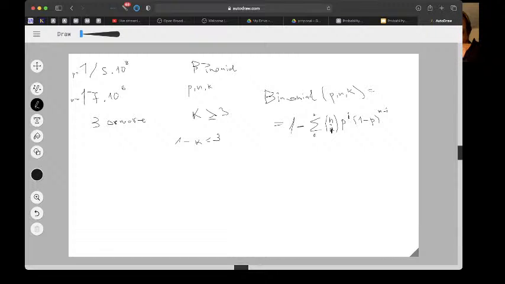Okay. And if we have the Poisson distribution, then lambda is the rate. So lambda is the rate of the event.